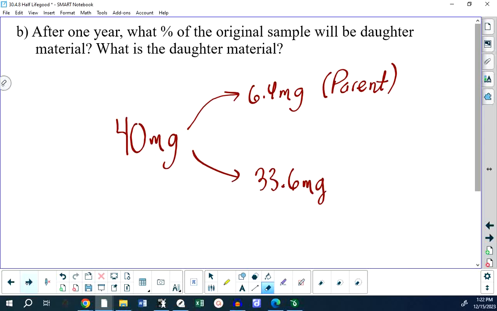How's my subtraction? How many of you see an error in my logic that's saying the remaining mass is that? Or the mass of the daughter material is that? Let me write down daughter first.